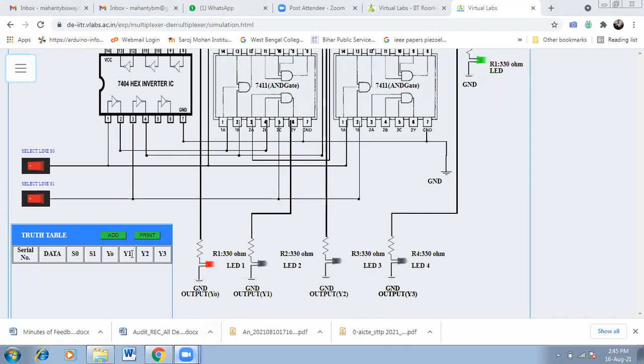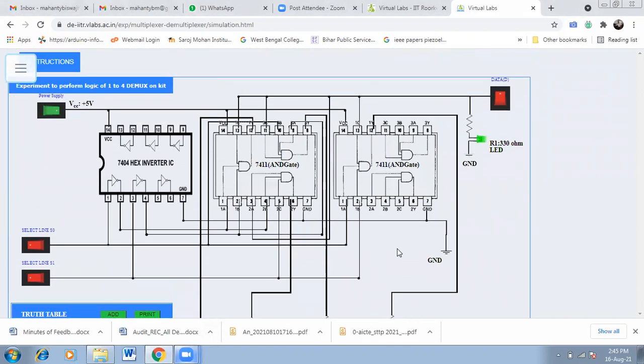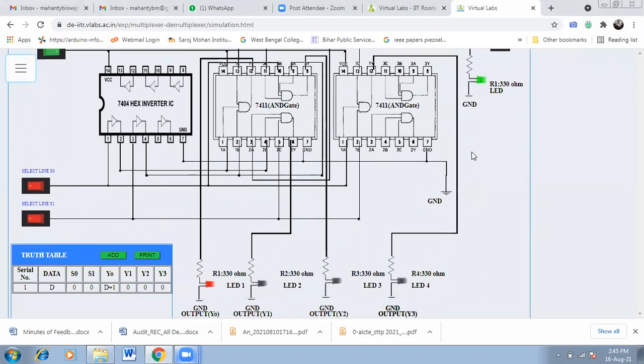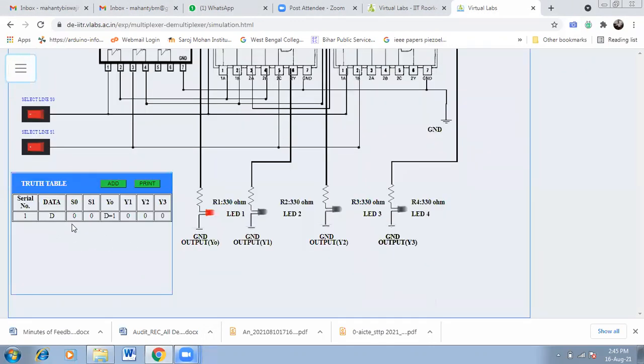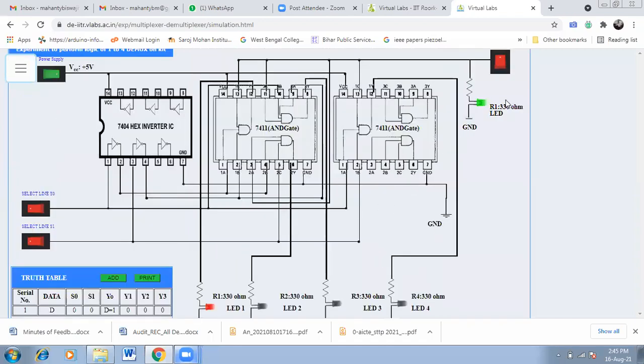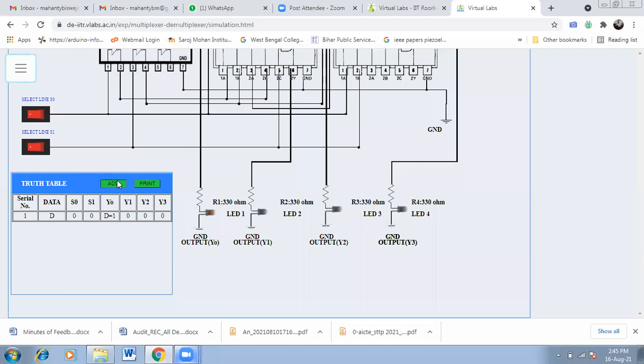Now I have supplied D equal to 1 here, so the output will be Y0. Why? Because S0 and S1 are both 0, so Y0 will be selected. Now if you give D equal to 0, then Y0 is equal to 0.